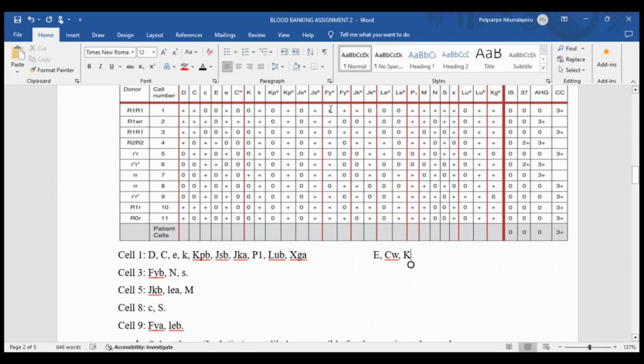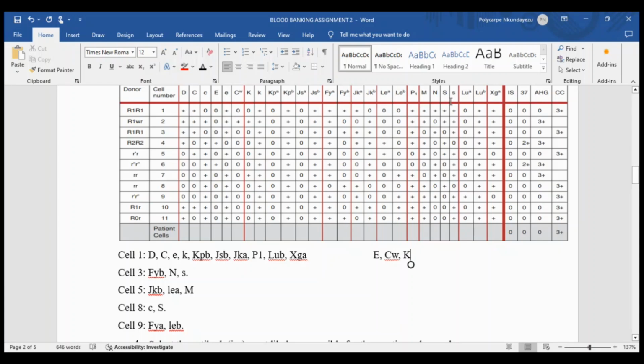Duffy A is out, Duffy B is out also, JKA is not out, isn't it? JKA is out, yes. JKB is also out. Lewis A is removed already. Lewis B is also out. P1 is already out. M and N out, small s and capital S, both of them out.